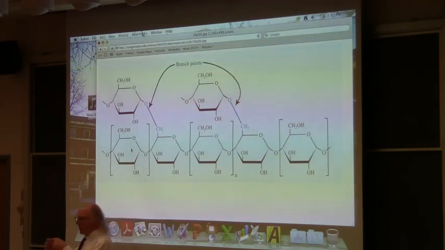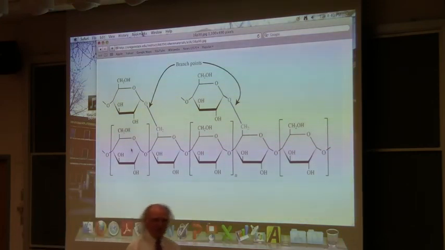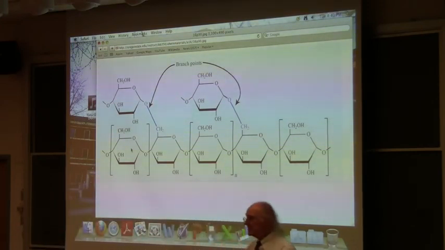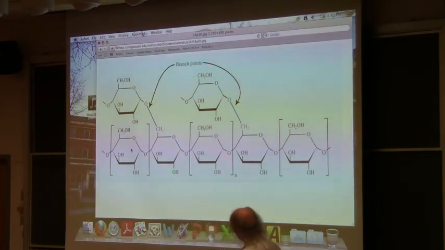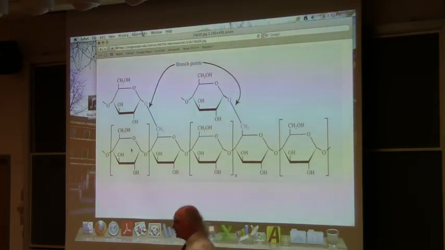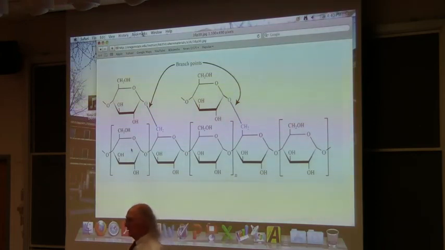We can think of amylose as being one long linear chain. We can think of glycogen as being a linear chain with all these branches coming off of it, very much like a tree has branches that go extensively. Now, we'll see later why those branches are very important for animals and why plants don't have very many of them. Plants have a compound related to glycogen called amylopectin.